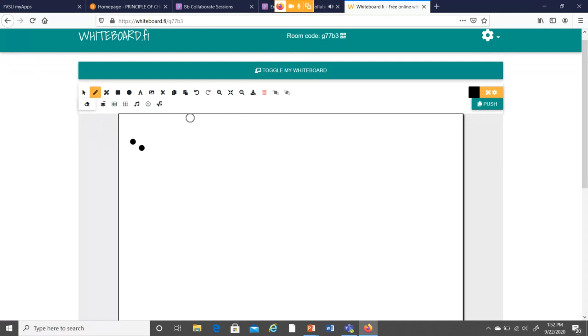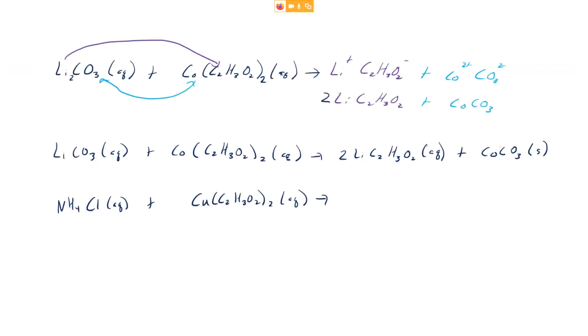It's not gonna let me do that. There you go. I should have set up the whiteboard on my other computer here, because I can't see both screens.